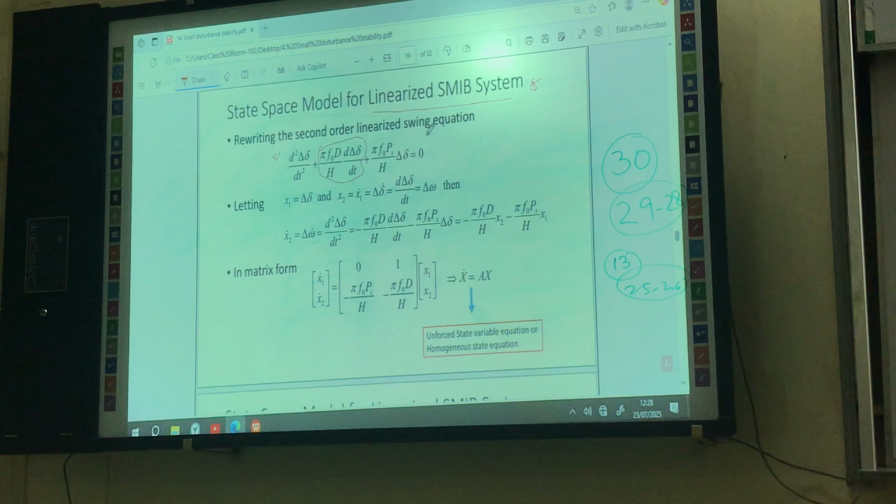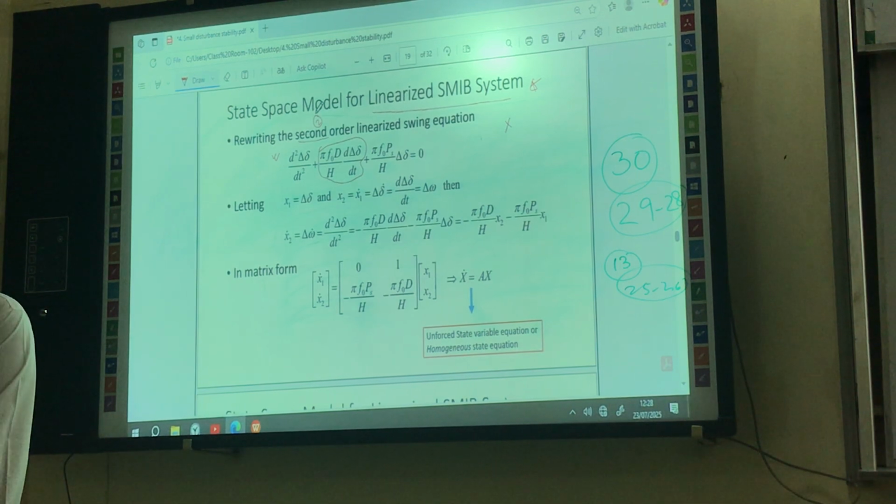Now the first step is to find the state vector x, and we have to find how many state variables there are. As the system is a second order system, we can easily say that we will have two state variables. But what are they? How to identify?